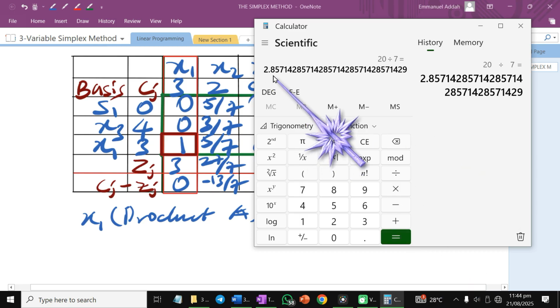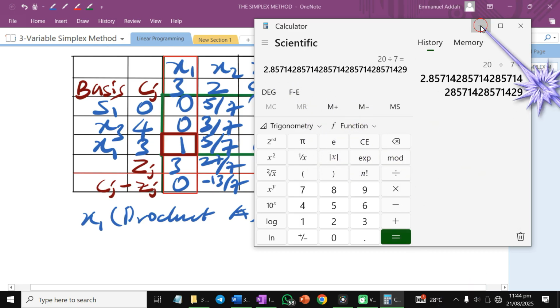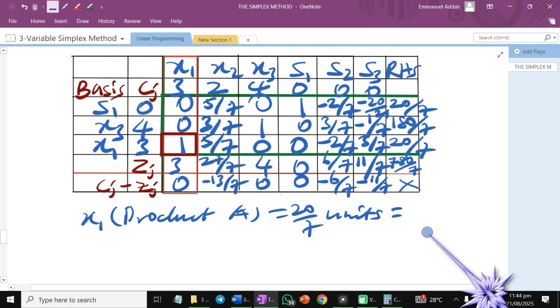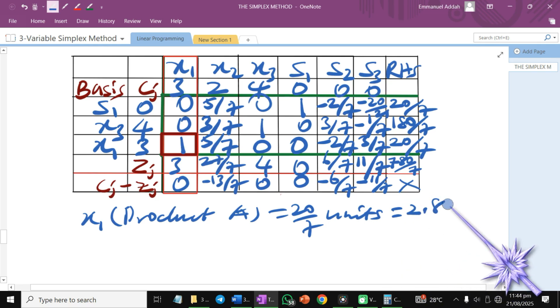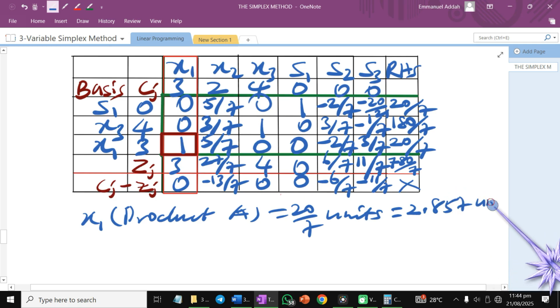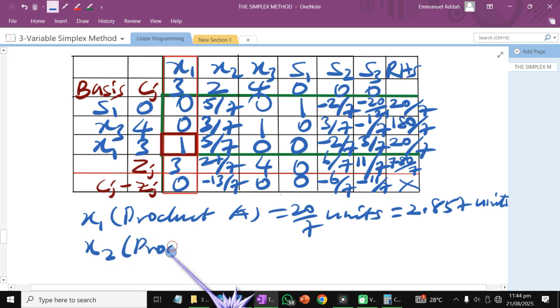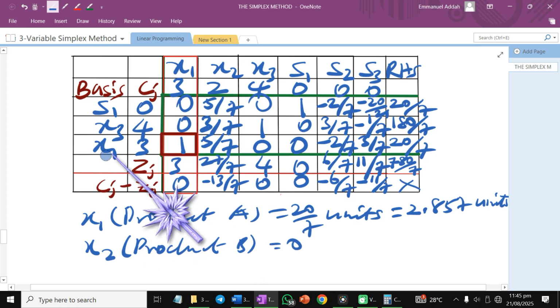That gives us 2.857 units. Then x2, which is product B, is equal to 0 because it's not in the basis.